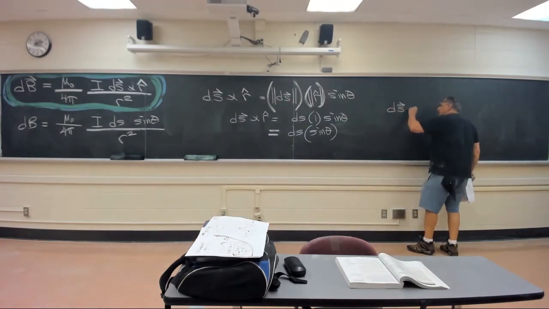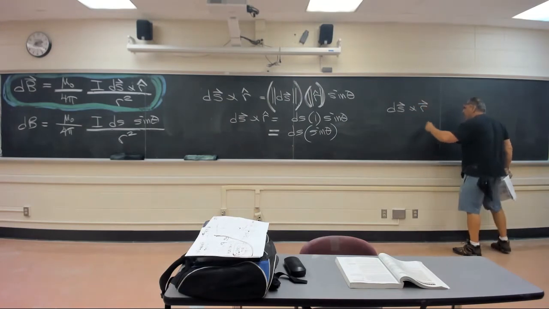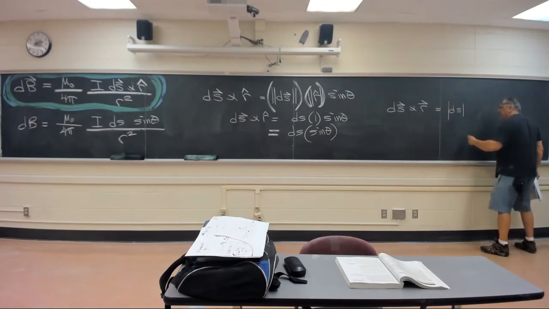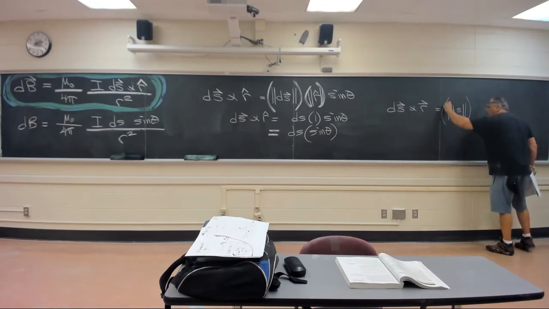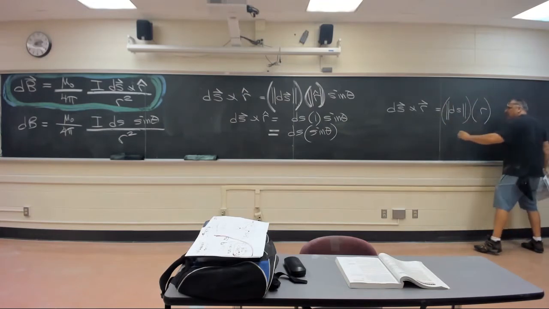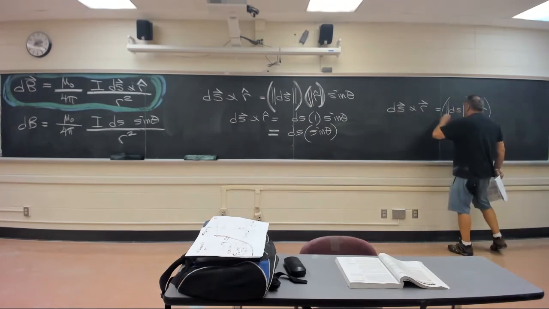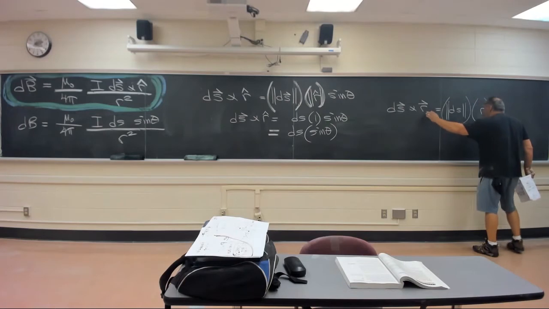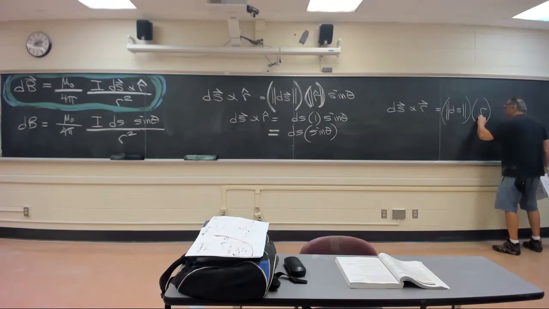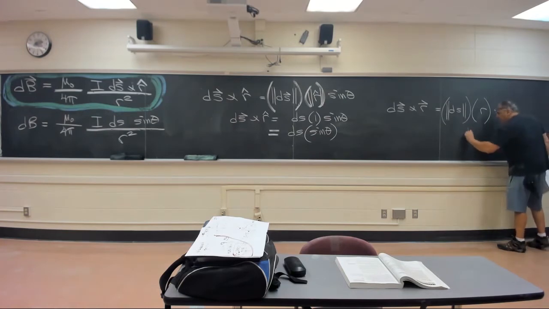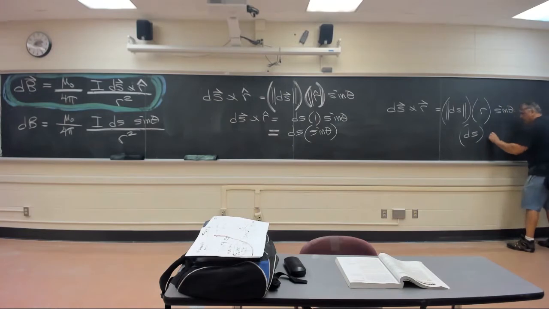When you got this right here crossed, let's just say, this is the magnitude of ds times the magnitude of R. This is the magnitude of ds vector, the differential element ds vector. This is the magnitude of it, which is just ds. This right here, R vector, would pertain to the magnitude of R vector, which is R, and this is the sine of theta. It would be ds R sine theta.